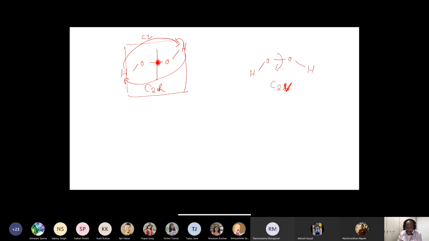Whereas the C2 axis here runs this way, I rotate this way, this goes here and this comes here. It has a sigma V plane, which is the plane of the board, and another sigma V, which is this. So I can clearly write that one belongs to the C2 point group, and the other one belongs to C2H.